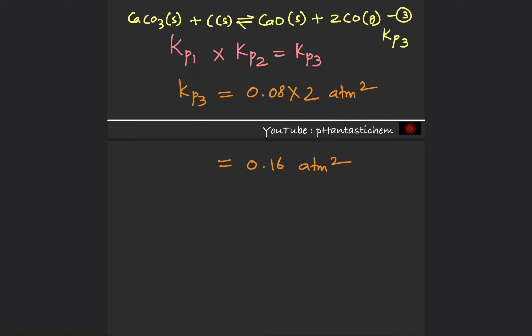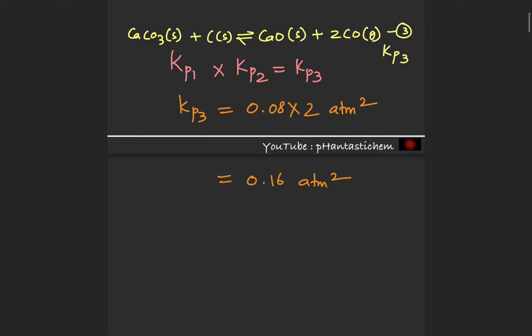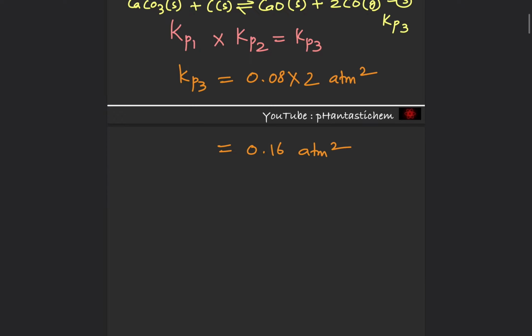And if we look at reaction 3, every species is a solid apart from CO. So this is a solid, this is a solid, this is a solid, this is the only gaseous species, right? And we know that the concentration of a pure solid, we take it as 1.